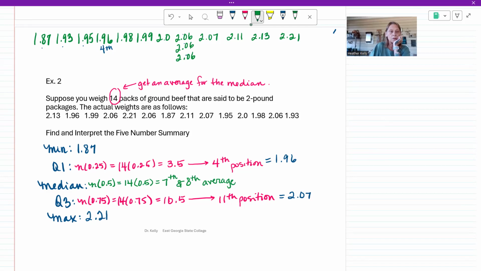Okay. So let's see. Here we are, 4, 5, 6, 7. So the 7th was 2.0 plus the 8th will be the next one, 2.06. We divide that by 2. We're going to get, change my color now because we've got our final answer, 2.03. And there it is. We got it. And we've got our 5 number.